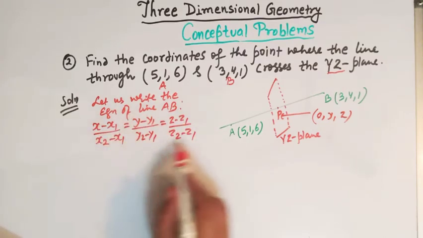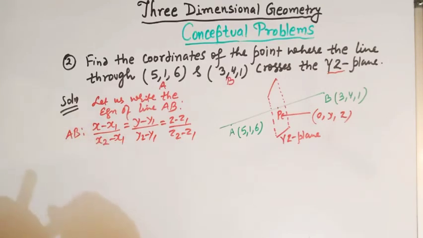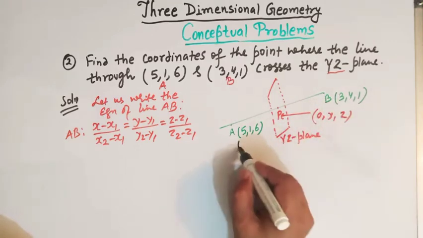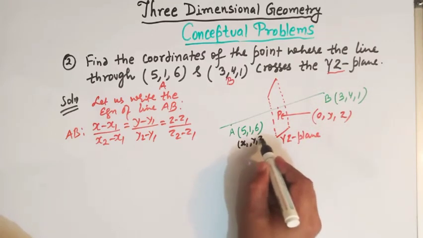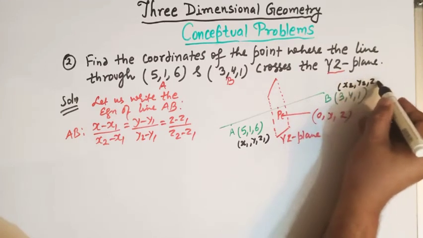So this is the equation of this line AB. Now here we will substitute the values of these 2 points. Here this is x1, y1, z1, this is x2, y2, z2.